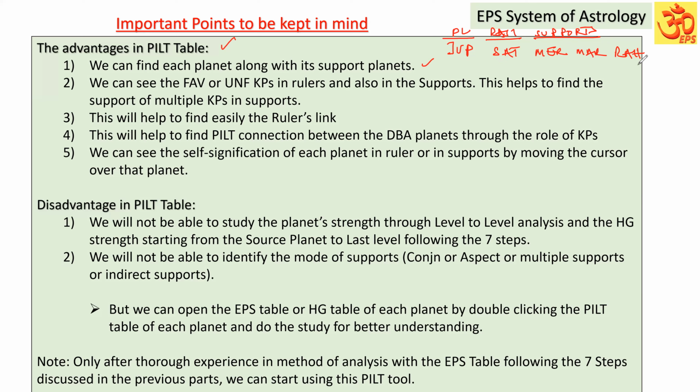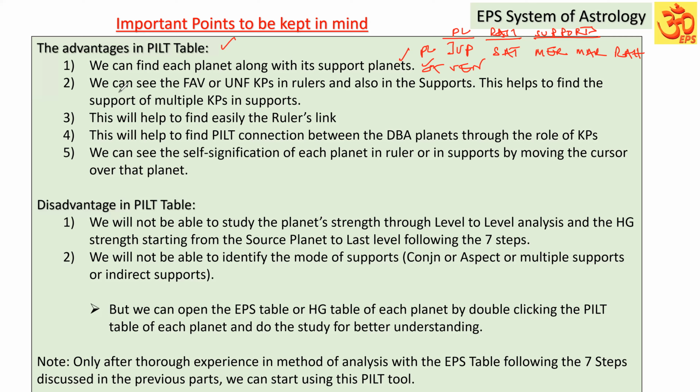No houses will be shown. So the planet is Jupiter, and suppose the star lord is, for example, Venus. What are the Rasi and supports of that Venus? All these rulers will be the same as in the EPS table. The Rasi lord and support planets will be shown in a single table. That way, each planet along with its support planets will be shown.